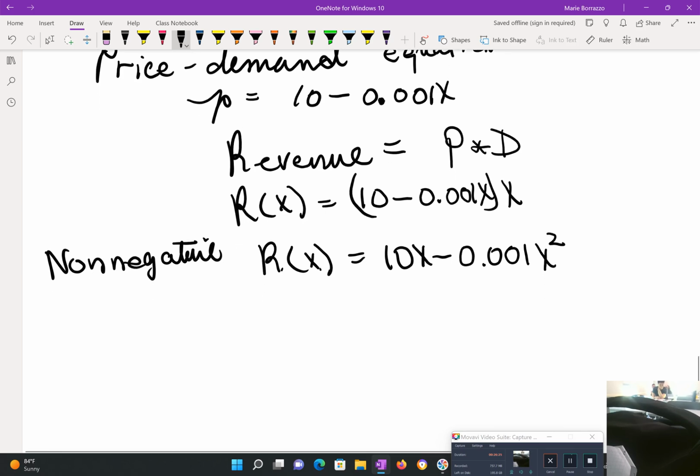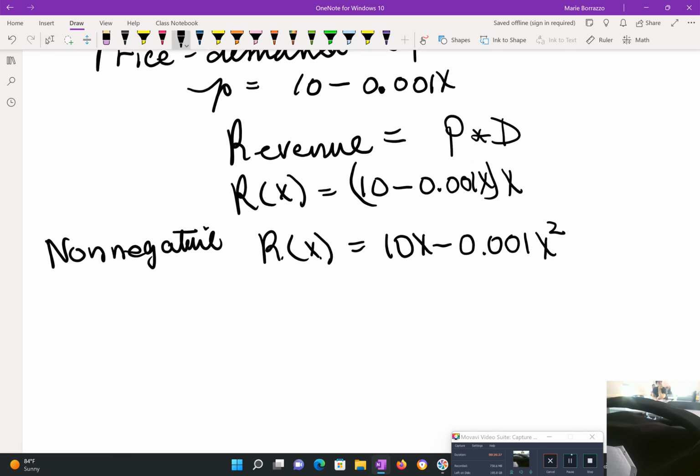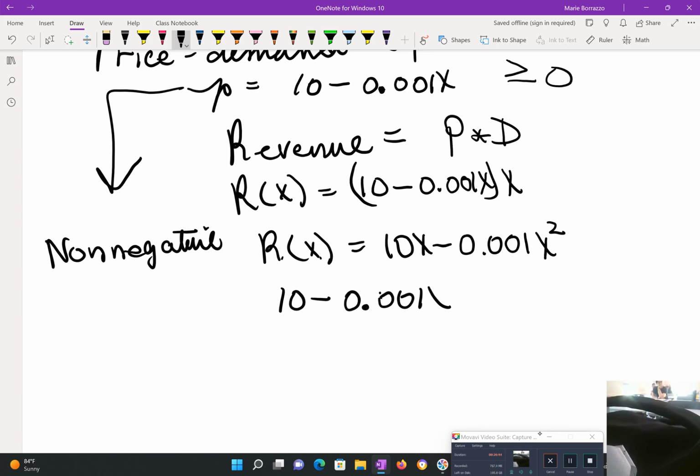So whatever value we have in this price demand equation, this has to be greater than or equal to 0. So keep this in mind. If we solve for that, we will find that X is a value. So if I have 10 minus 0.001x, that has to be greater than or equal to 0. And I solve for X. I'm going to add the 0.001x on both sides.